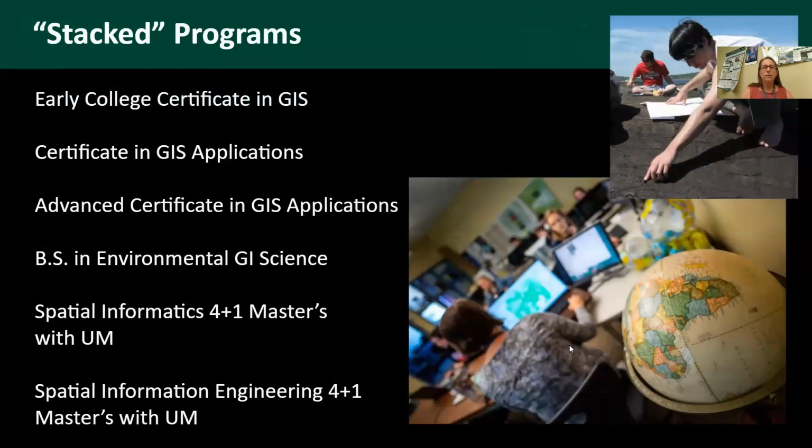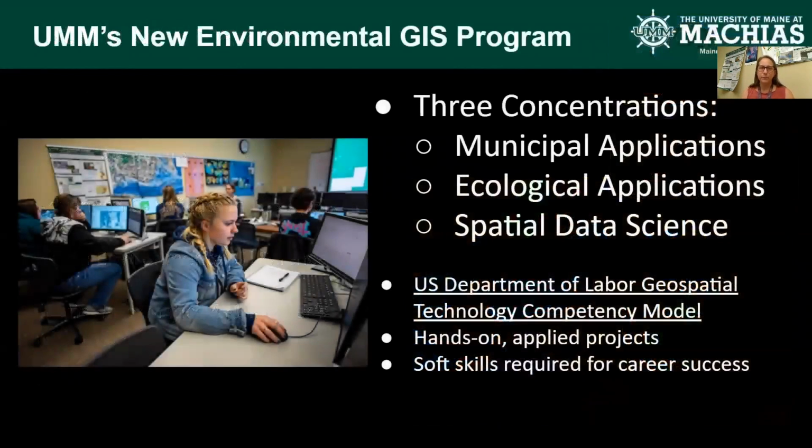So first of all, just really quickly, I want to mention that we have a whole series of stacked programs, meaning one leads into another in geographic information systems, starting with early college certificates. We have certificates for adults and GIS applications, as well as an advanced certificate. We also have a bachelor's of science degree in geographic information science, as well as 4+1 programs where you can complete a master's degree in just 1 year after your bachelor's program.